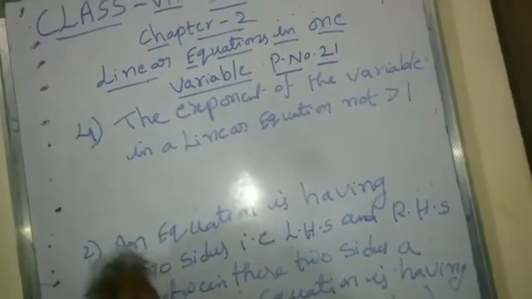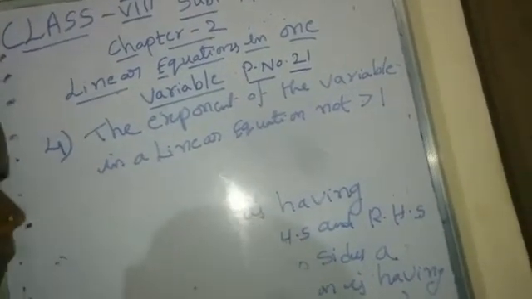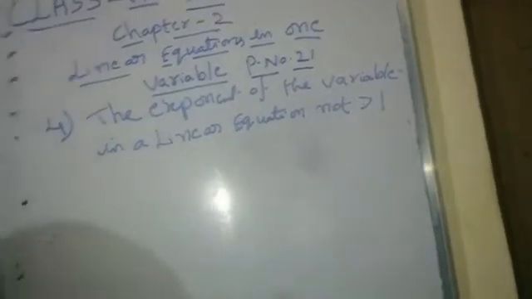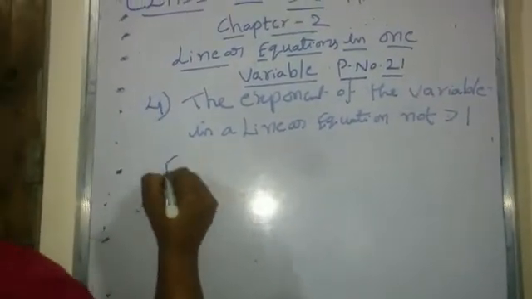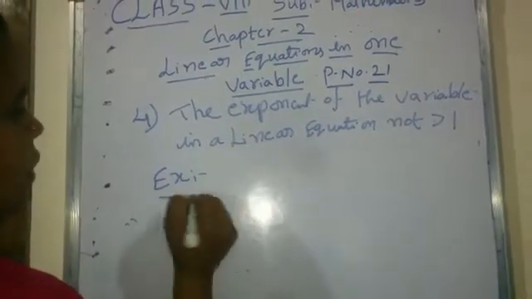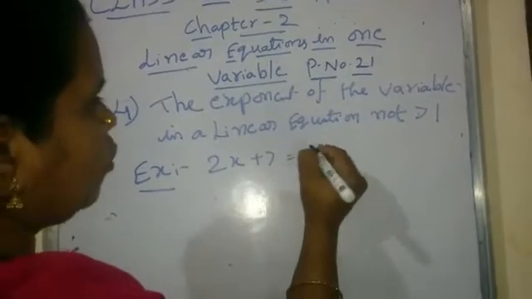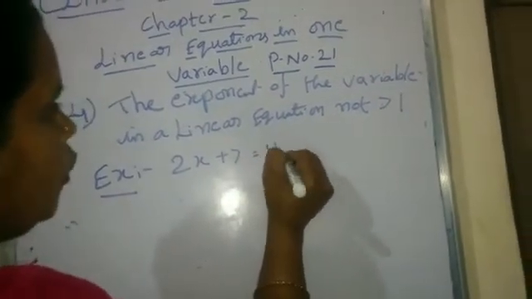See children, write the example: 2x plus 7 is equal to 14.